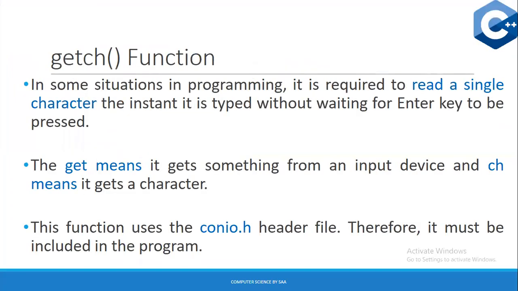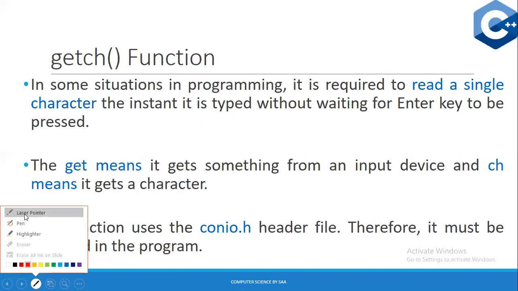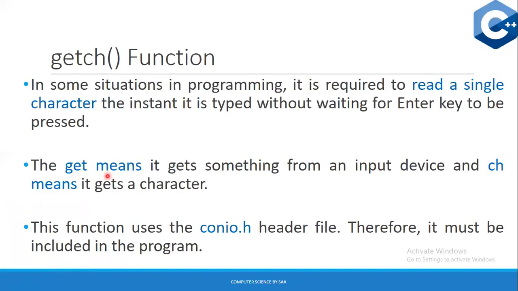Now the next function is the getch function. This function is used to get something from the input device, as its name shows, get. So get means it gets something from the input device, and ch means it gets a character, and obviously it gets a character from the keyboard.